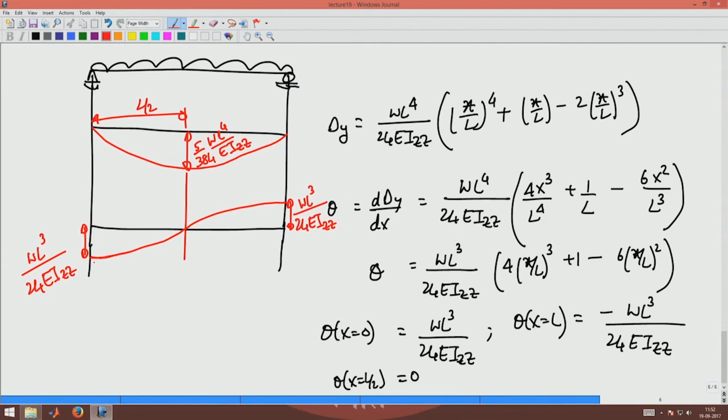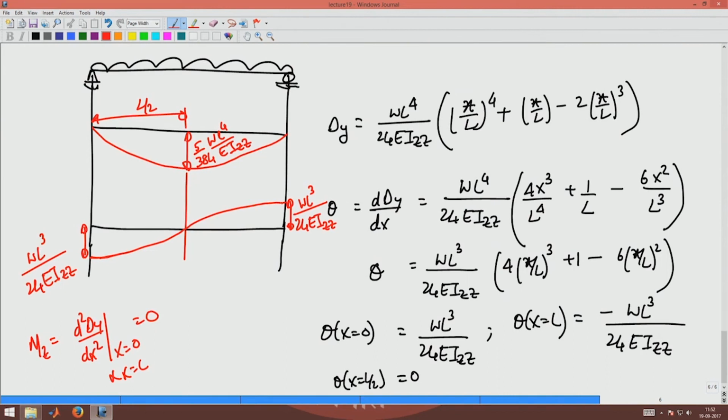Now, here I have drawn it flat here, because the next derivative of the bending moment here is 0, and bending moment M z is d square delta y by dx square, that is the curvature. Okay, so d square delta y by dx square at x equal to 0 and x equal to L is 0, that is why the curve has a 0 slope at its two ends.